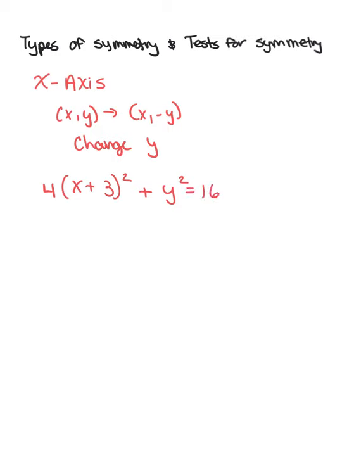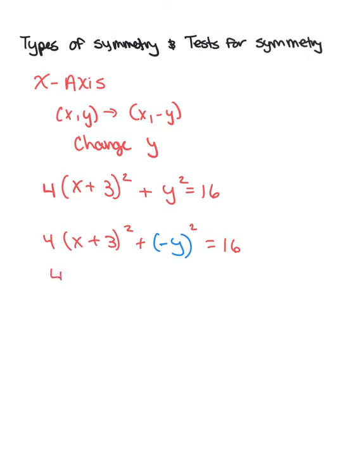We want to know if this is symmetric with respect to the x-axis. So I'm going to keep everything else the same, but I'm going to negate y. What that means is I'm going to take y from whatever sign it is, and I'm going to plug in a negative y. I'm going to leave everything else the same, so I'm going to put in a negative y, but the squared is still there, everything else is still there. And then I'm going to simplify that.